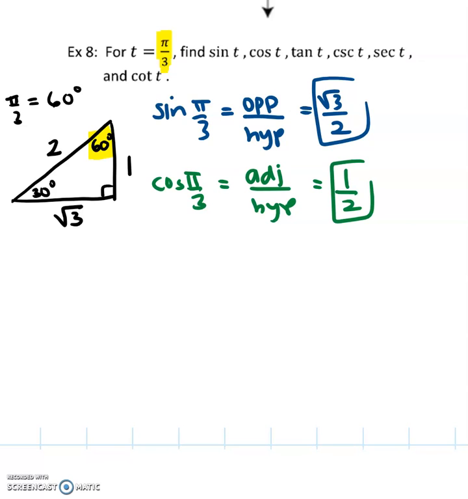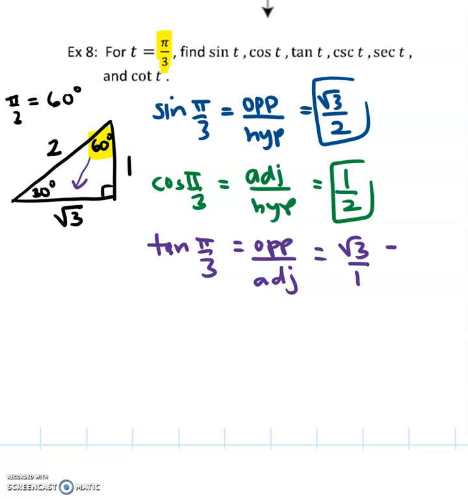We'll then move on to tangent of pi over 3, and this is defined as the opposite over the adjacent. So again, the side opposite of pi over 3, opposite of 60, is equal to square root of 3, and the adjacent side to 60, the leg, is 1.